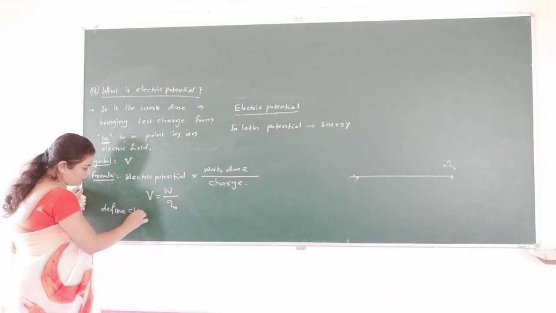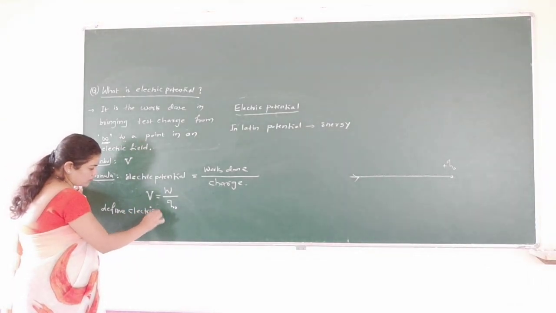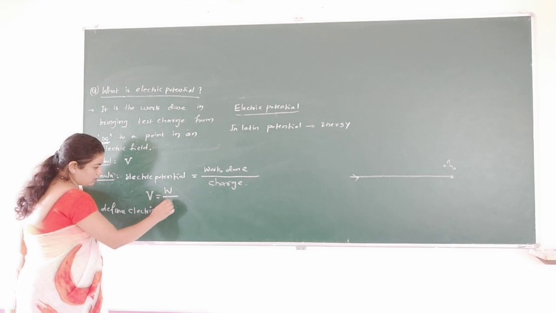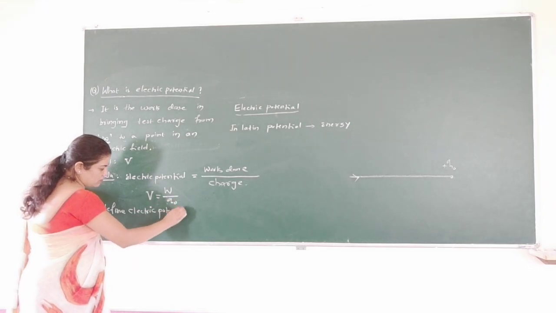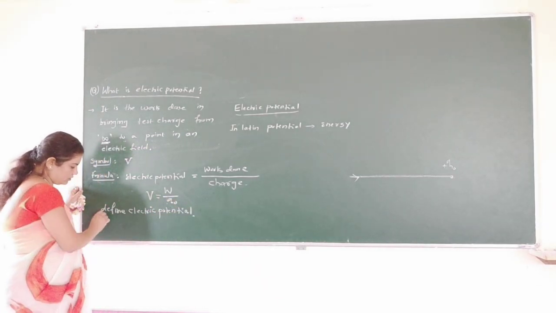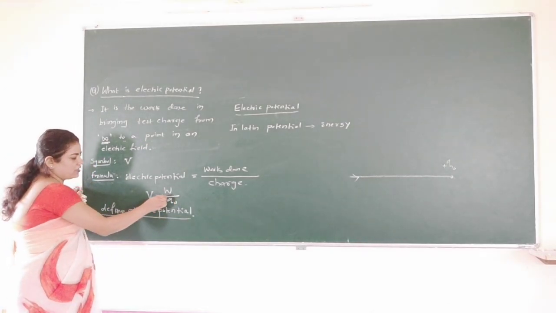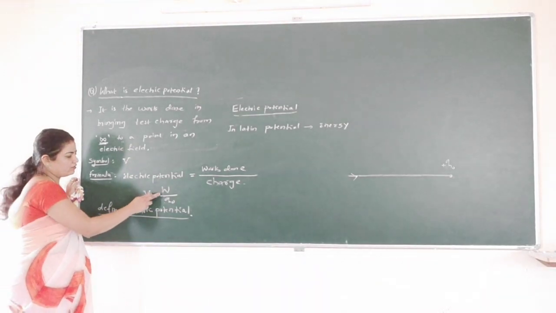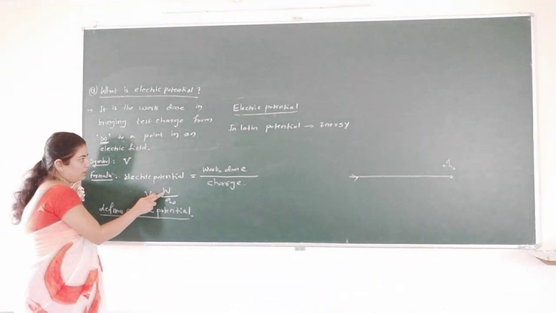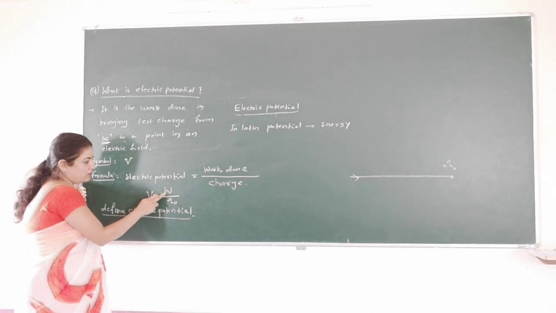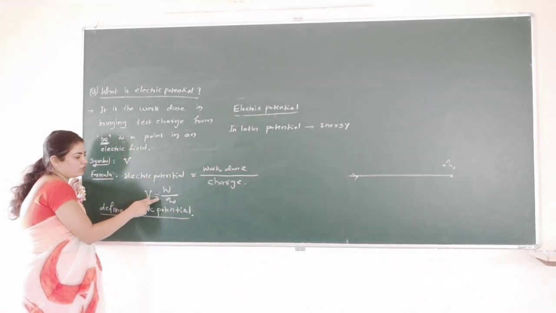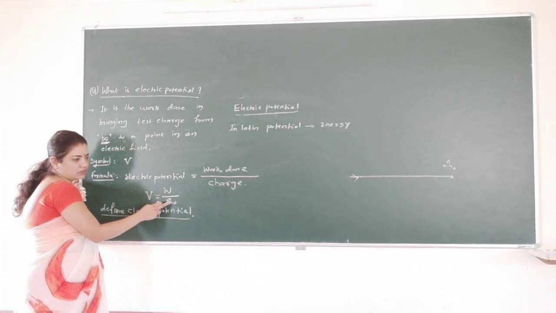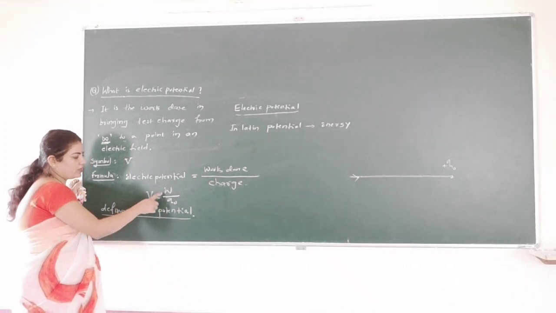Define electric potential: it is the ratio of work done in bringing unit positive charge from infinity to a point in an electric field. That is, it is the ratio of work done to charge, or the ratio between work done and charge.